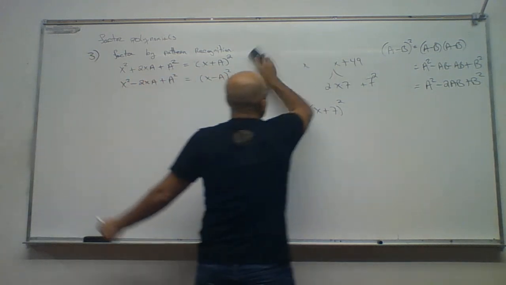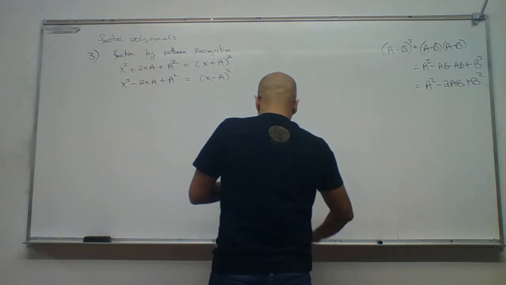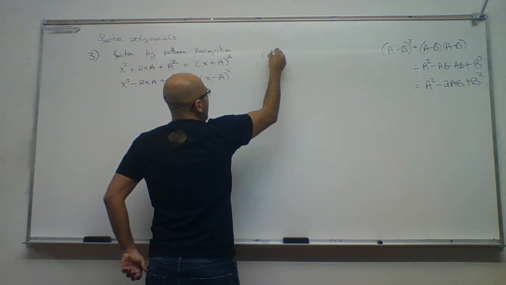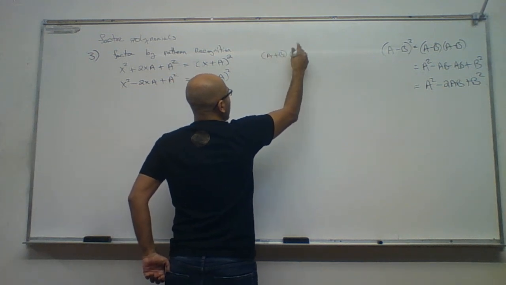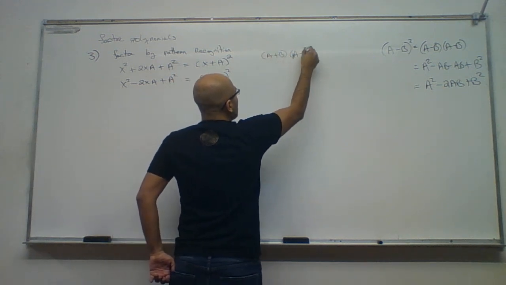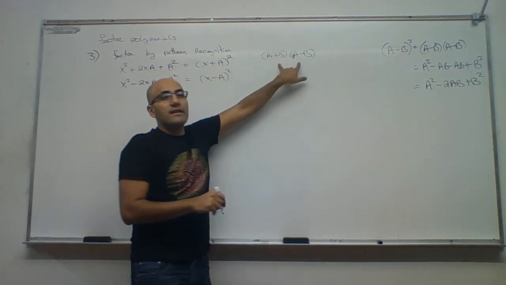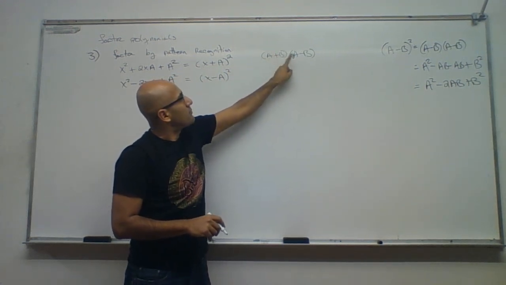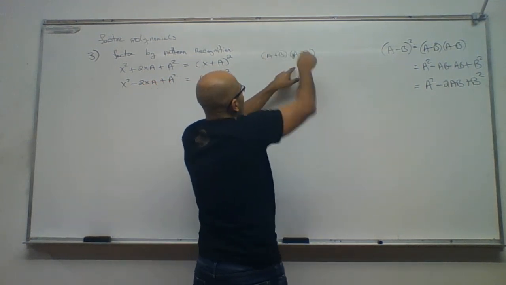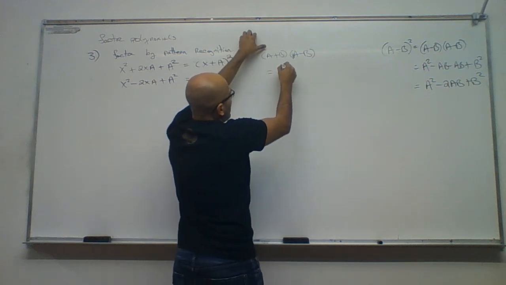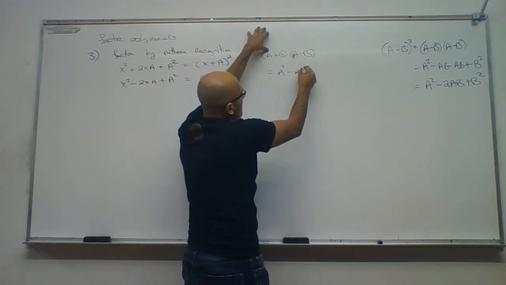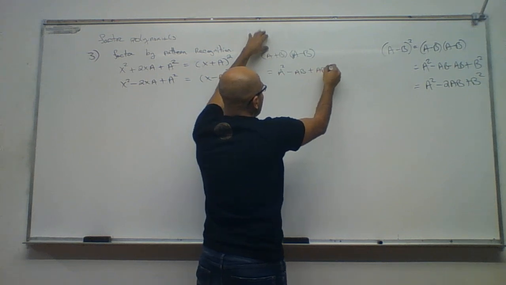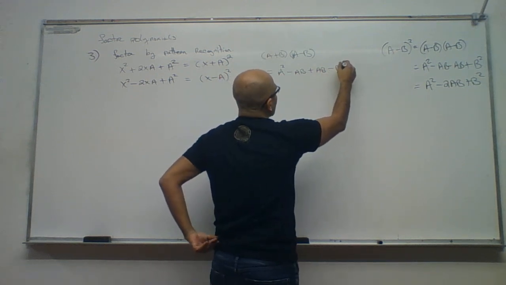One of them is this. If we had a plus b times a minus b, conjugates, they're identical in every way, shape, and form except one has a plus, one has a minus. Then when we FOIL them, what do we get? A squared minus ab plus ab minus b squared.